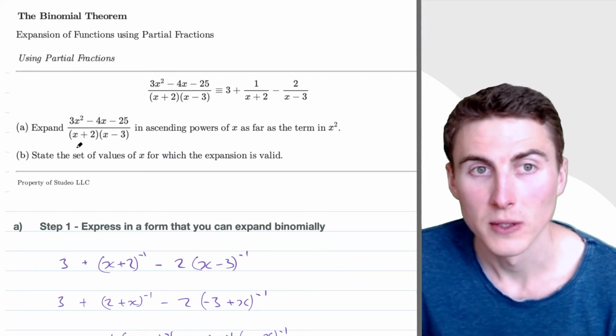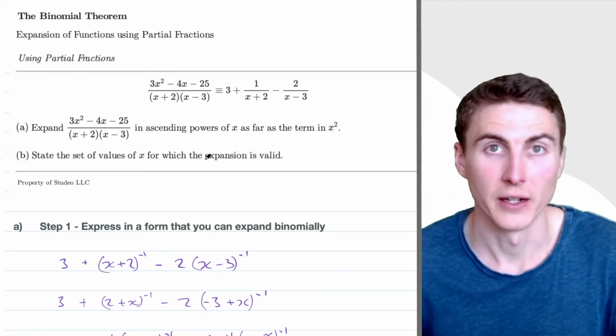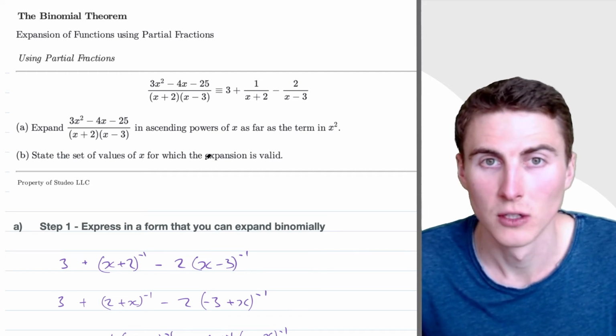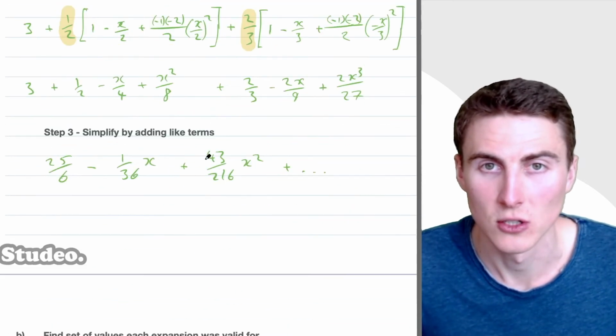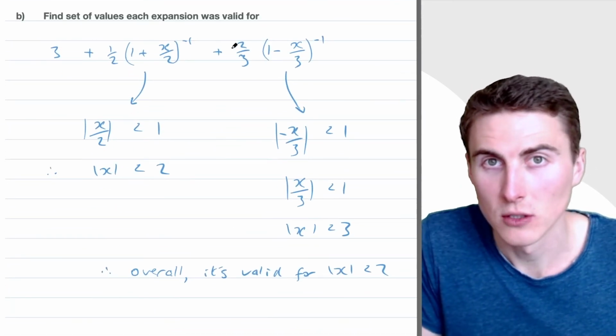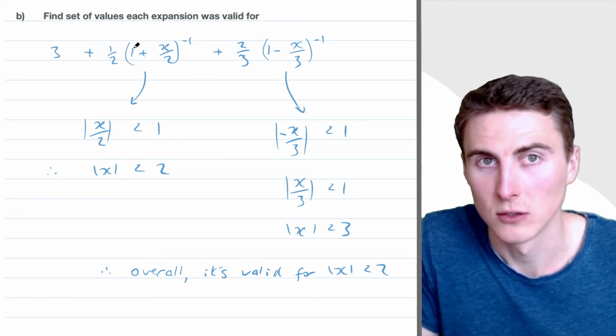The last bit we need to do is state the set of values of x for which the expansion is valid. And this again is basically just like any other binomial expansion. We need to find the validity of each individual part of the expansion. So I've rewritten out the question in the form that I'm going to binomially expand. So these all look like binomial expansions.